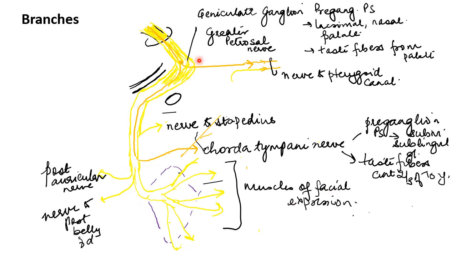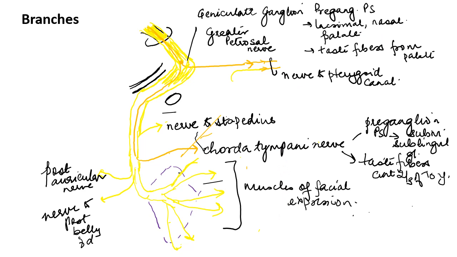Now, if there are surgeries taking place in the middle ear, or as we saw in our case of the gentleman, when repeated infections of the middle ear eroded this bony canal and affected the middle ear. So when there is injury at this site, you can understand that lacrimation won't get affected, but the rest of the things will.